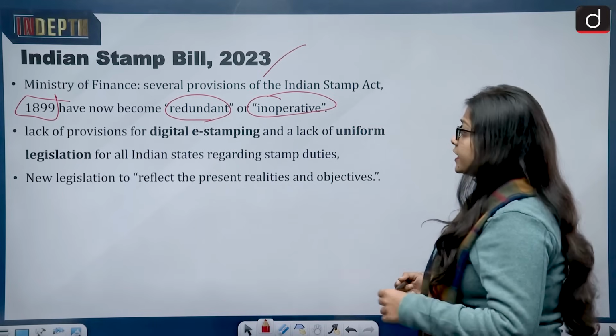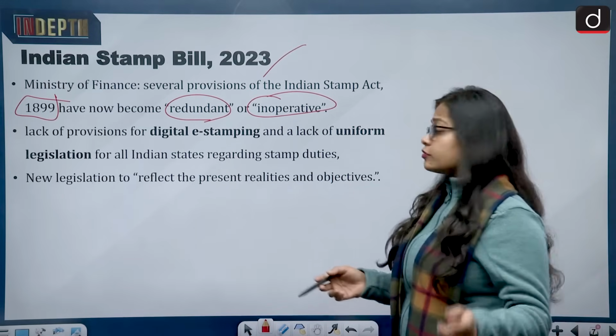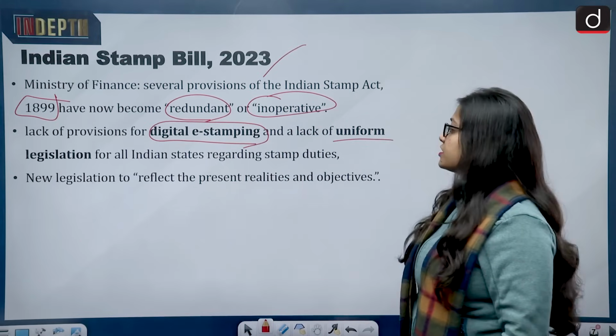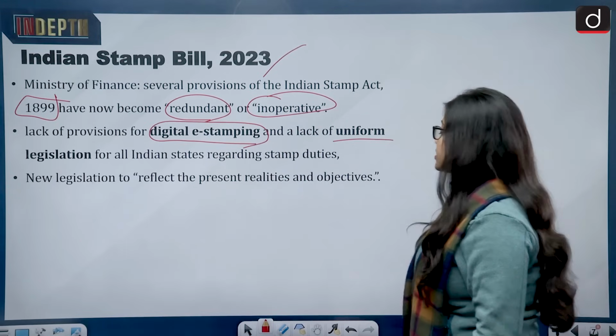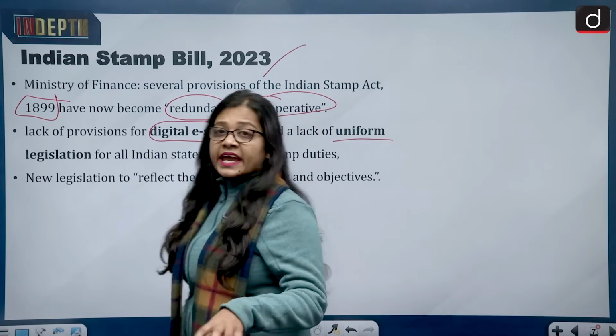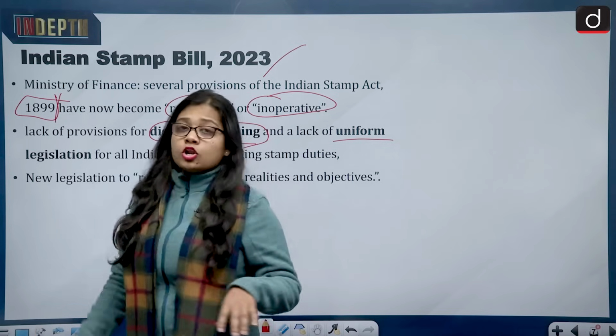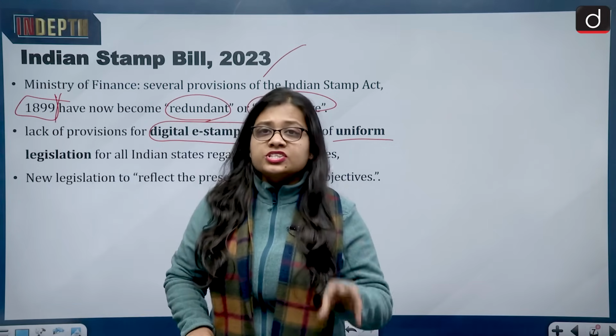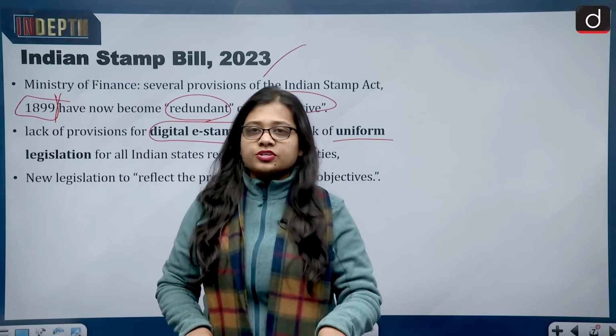Then, it also lacks provisions for digital e-stamping, and there is a lack of uniform legislation for all Indian states regarding stamp duties. The 1899 law also does not have criteria for digital transactions.